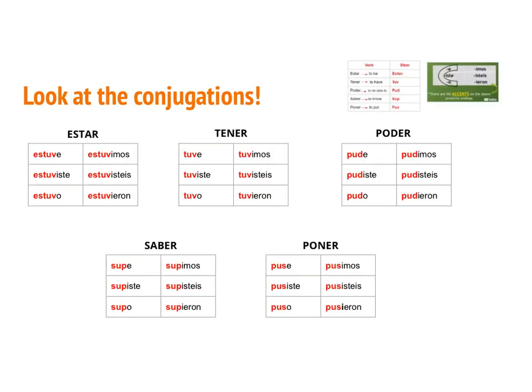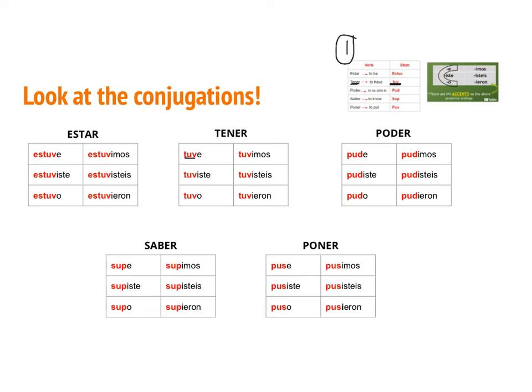So here we have the conjugations again. You have estar, tener, poder, saber, and poner. Now you know that the first step is to change the stem when you're conjugating them in preterite. So if you want to say, Señora, when I was a kid, I had a dog, you will say, tener, okay, I need to change the stem to tuv.